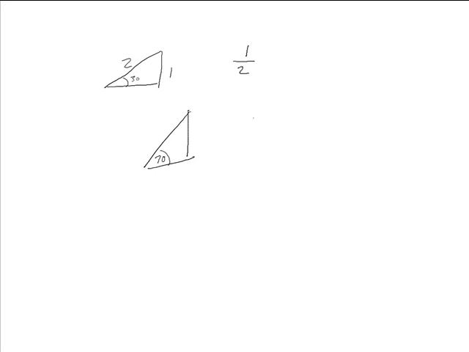Now, the first one that I'm going to talk about, just because we're using opposite and hypotenuse, is the sine function. What the sine function does is it takes in some angle and basically does the lookup of the tables for you. So you can think of it as doing that when you type it into your calculator. When you type in an angle and give that to the sine function, what it gives you out is this ratio.